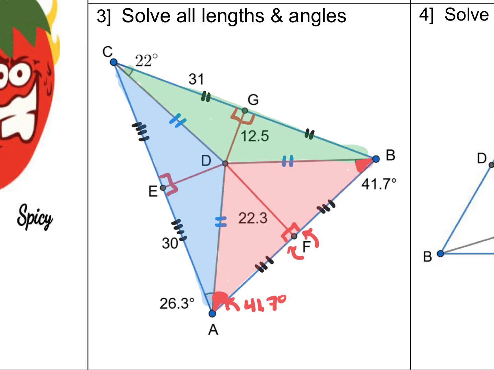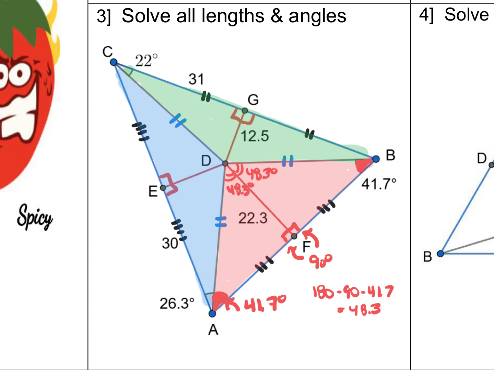Remember, my perpendicular bisectors are 90 degrees. So I can take 180 minus 90 minus 41.7, and that is going to give me 48.3. So here's 48.3 degrees. And remember, this guy is congruent to this guy here. So we got 48.3 degrees here as well.